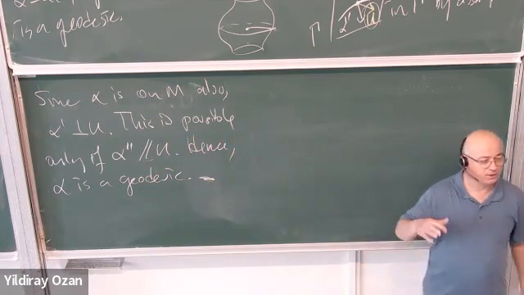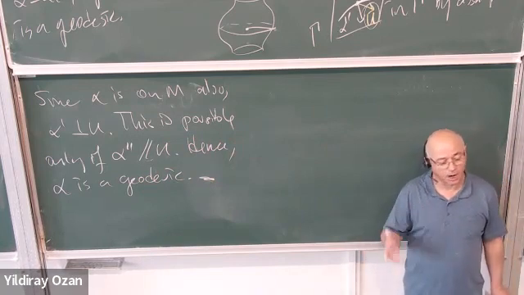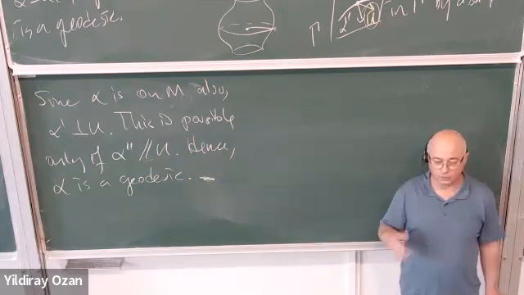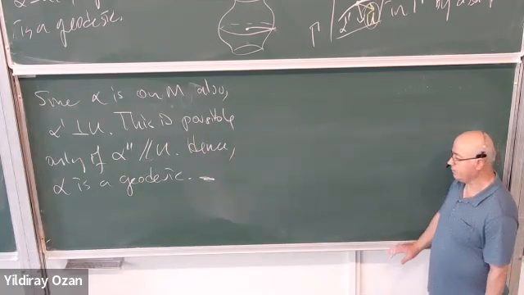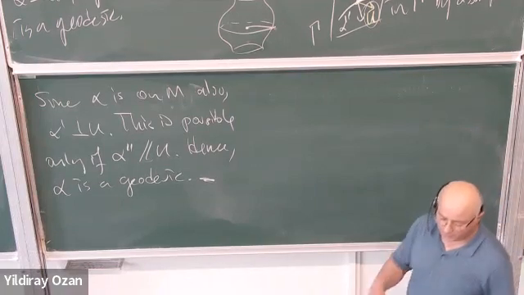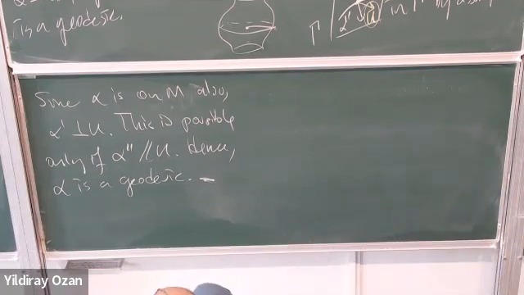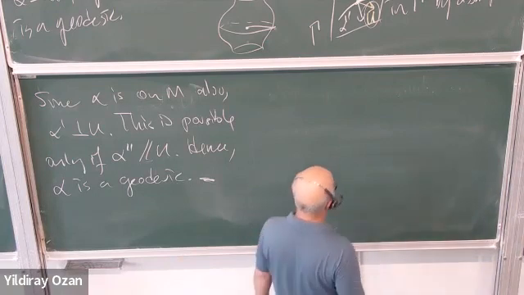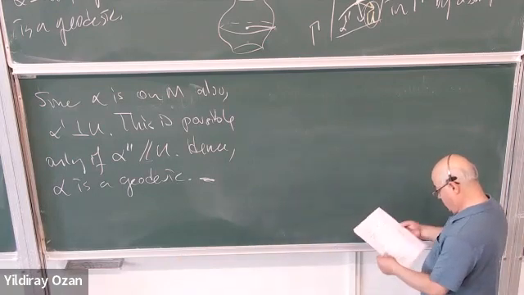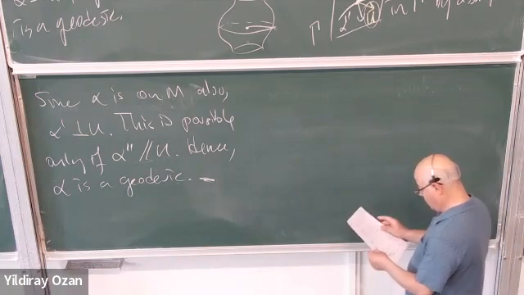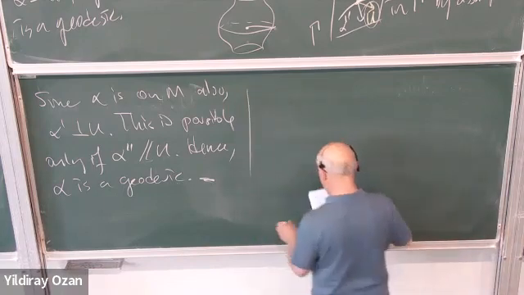Of course, once it is parameterized by arc length. If it is parameterized so that it has unit speed, then it's a geodesic. Okay. An example.